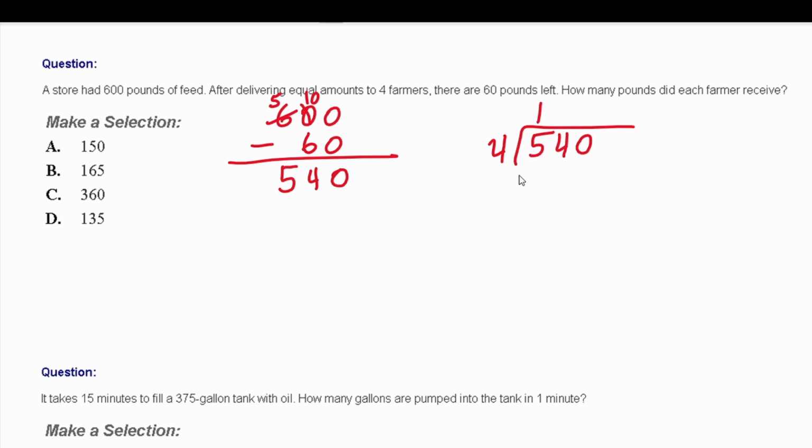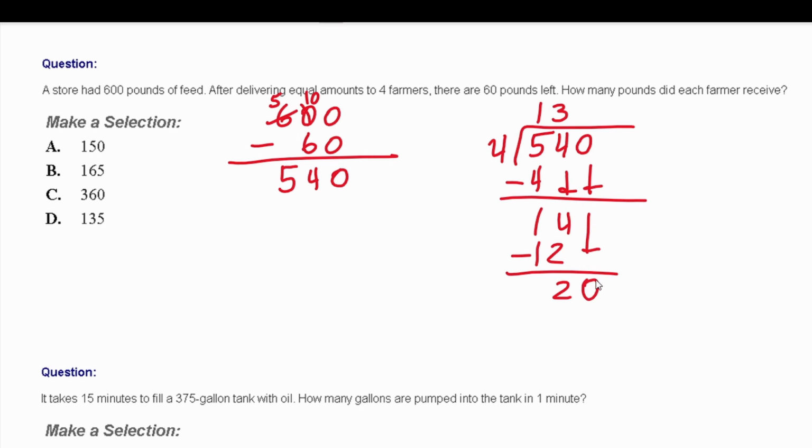That's 1 time without going over, given that 4 times 1 is 4. 5 minus 4 is 1. Drop down this 4. 4 goes into 14 3 times without going over. 4 times 3 is 12. 14 minus 12 is 2. And then we've got this 0 we can drop down as well. 4 goes into 20 5 times, 4 times 5 is 20. So we can see there's no remainder.